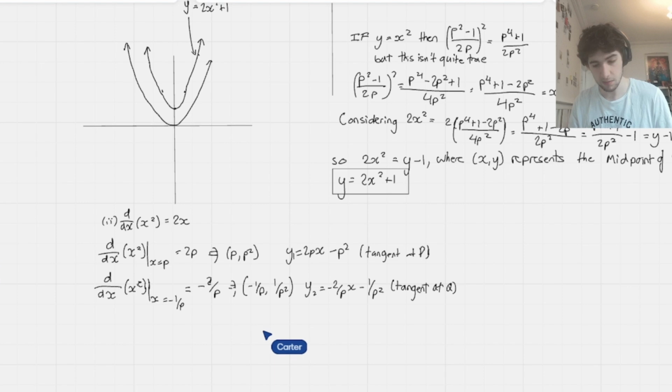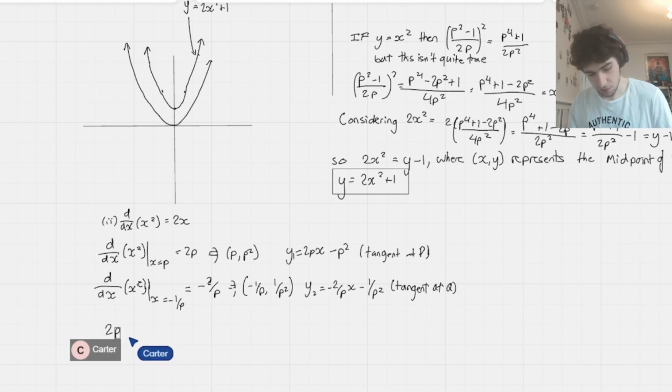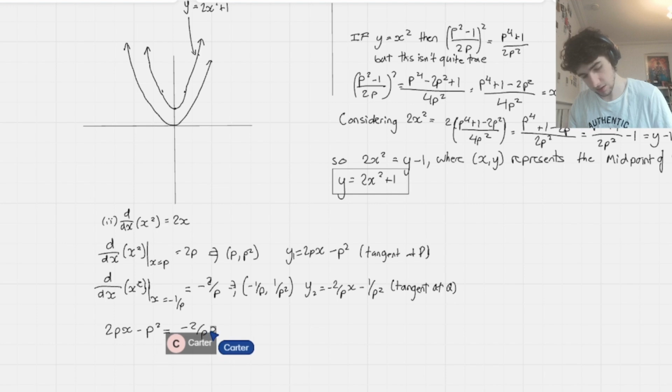So I just equate them, because when their y values are equal, they'll be intersecting. So we have 2px minus p squared is equal to minus 2 over p times x minus 1 over p squared.